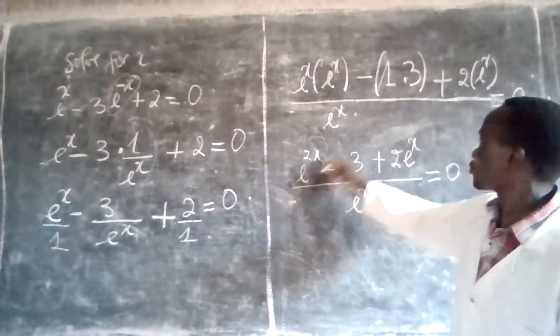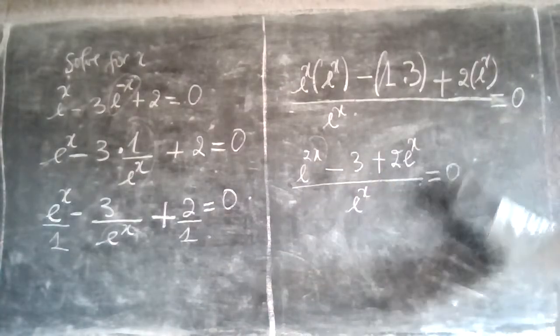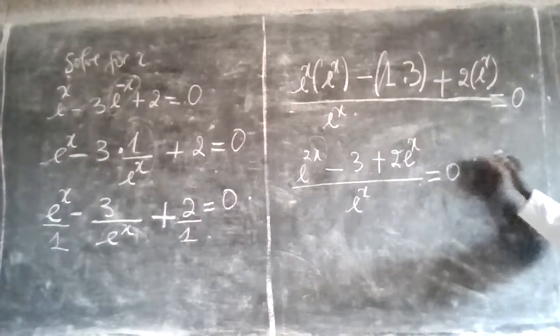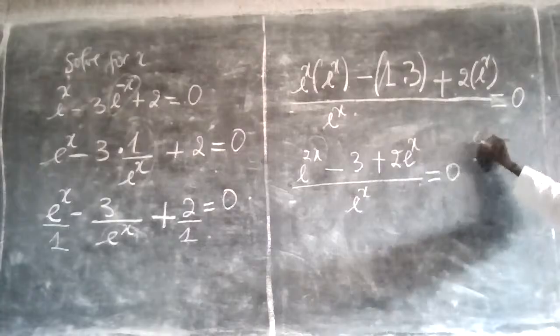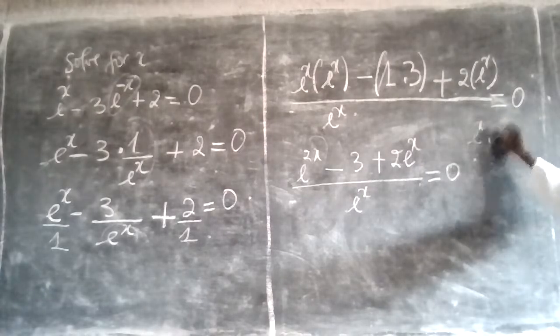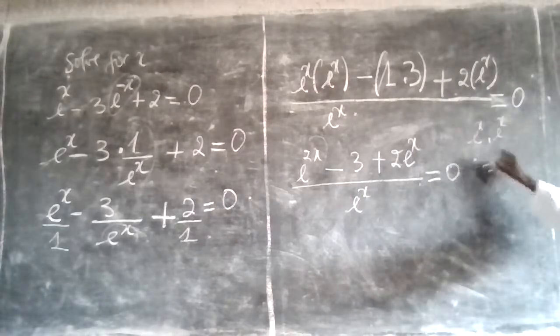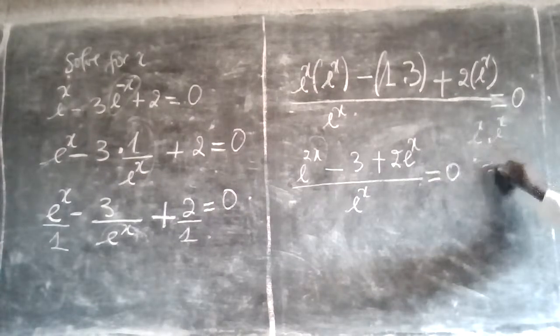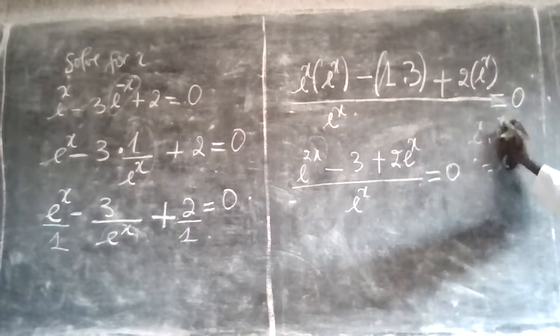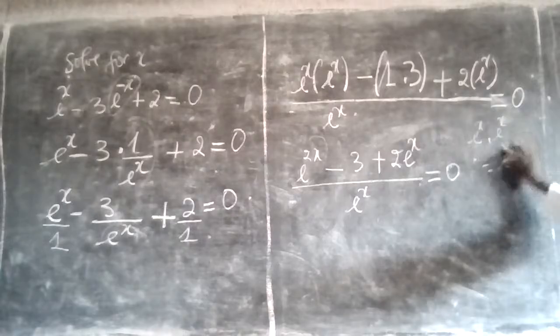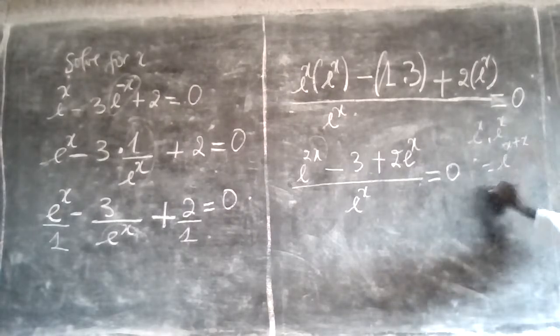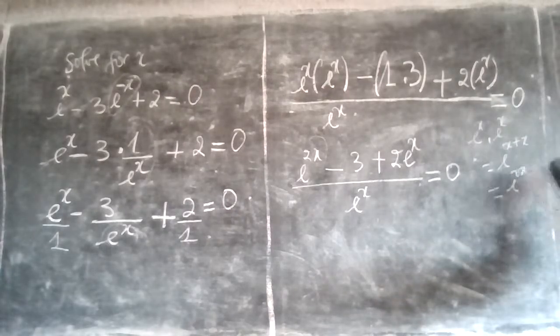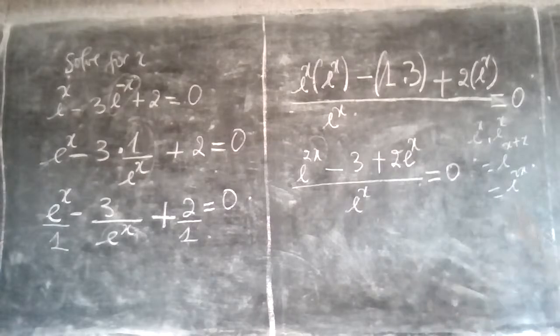For those who have gone and come back, I said that this is e^x times e^x. Because they are similar bases, you take one base and add those two powers and remain with e^(2x). Yes, it is that one.